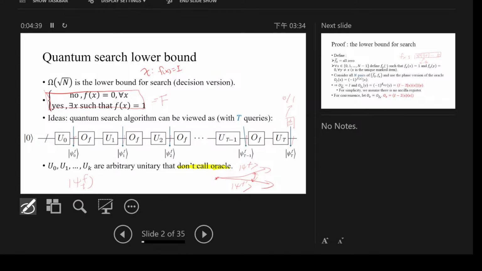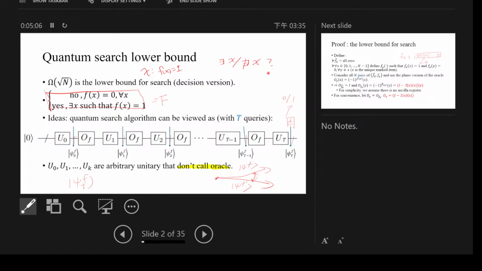We actually bound an easier problem, which is a decision problem, where we ask whether there exists an x or not. So we lower bound the decision version of the problem, which is easier. If deciding this problem is very hard, then you know finding x is even harder.